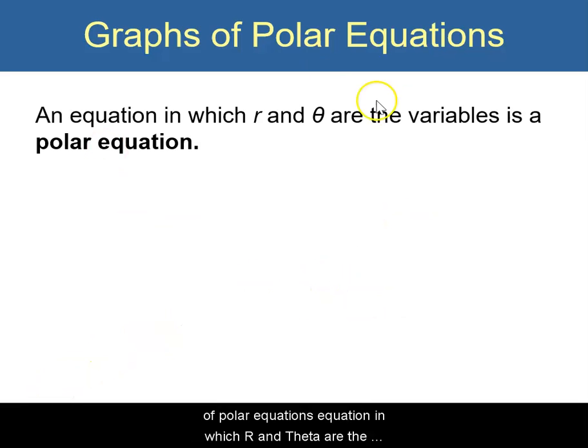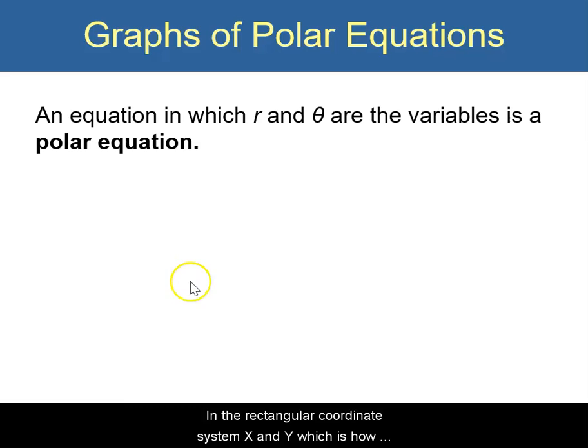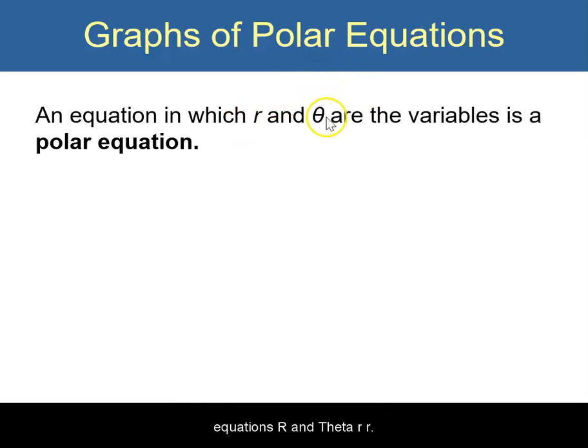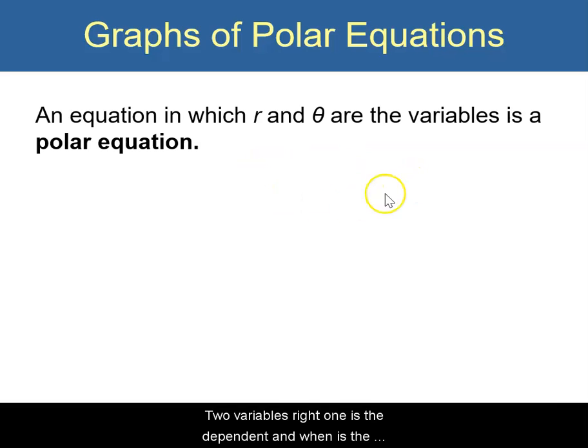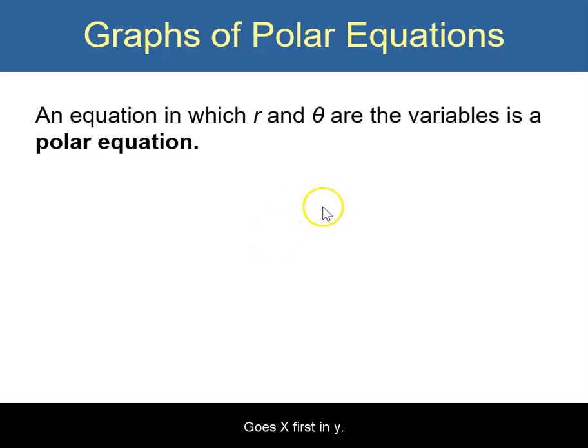Okay, so graphs of polar equations. An equation in which r and theta are the variables is a polar equation. In the rectangular coordinate system, x and y, which is how we define points, are our 2 variables, right? In polar equations, r and theta are our 2 variables. One is the dependent and one is the independent, just like x and y. In the rectangular system, x is independent and y is dependent, and it goes x first, then y.